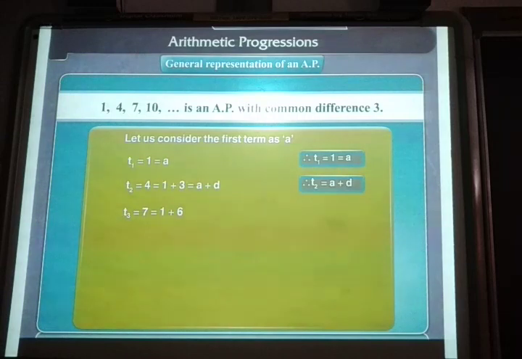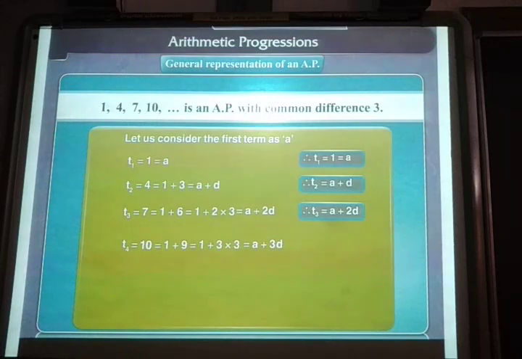It can also be written as 1 plus 2 into 3, which is nothing but A plus 2D. Similarly, we can write the fourth term 10 as 1 plus 9. This is same as 1 plus 3 into 3, which is nothing but A plus 3D.